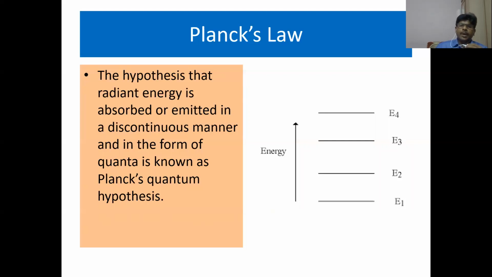And when they come down, they give out the difference in energy values. For example, if the electron jumps down from E4 to E1, the energy value given out is E4 minus E1, which is equal to h into within brackets nu4 minus nu1, where nu1 is the frequency of energy state E1 and nu4 is the frequency of energy state E4.